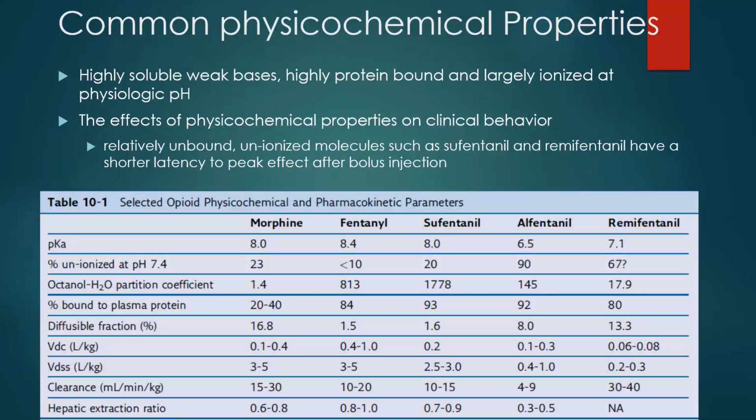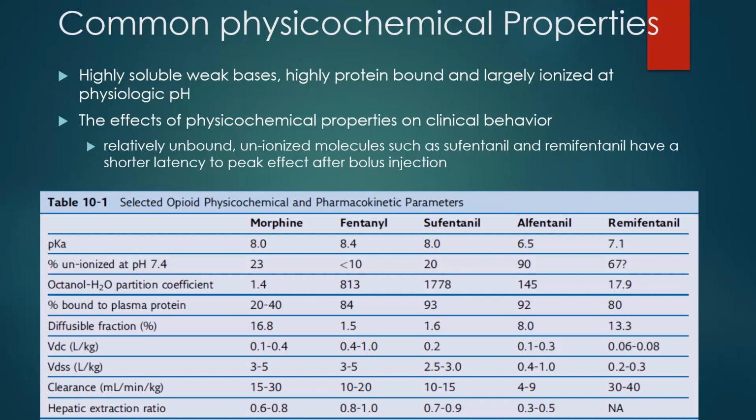Now, generally speaking, opioids are highly soluble weak bases that are highly protein bound and have a large ionized fraction at physiologic pH. I'm talking about the opioids we use, the IV opioids, and this is a very big generalization. When it comes to the large ionized fraction, you have to think about the Henderson-Hasselbalch equation and the role of pKa.